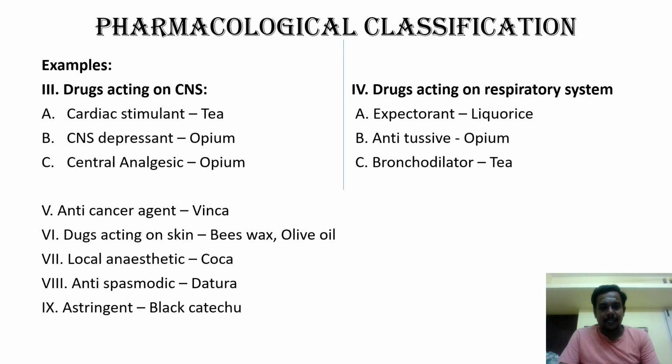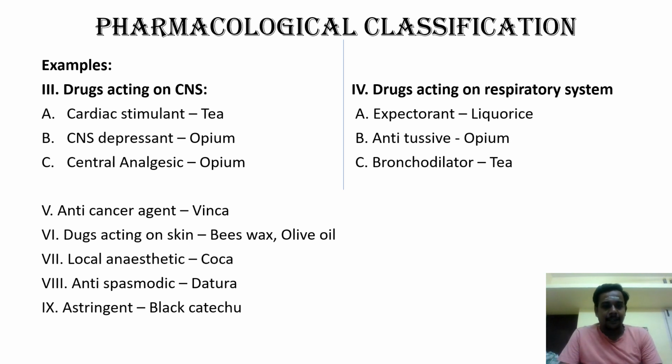The first category, cardiac stimulant. I'm sorry, it has been typed wrongly. Actually, it is CNS stimulant, right? Drugs that are going to stimulate our nervous system are called CNS stimulants. The best example, tea or coffee. Caffeine present in tea will be stimulating our nervous system, due to which we drink a cup of tea early in the morning, right?